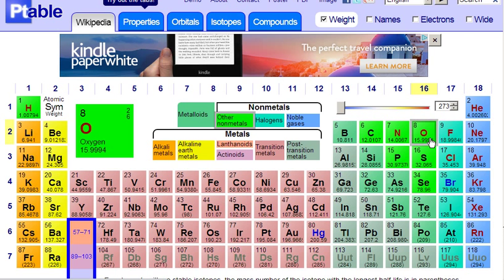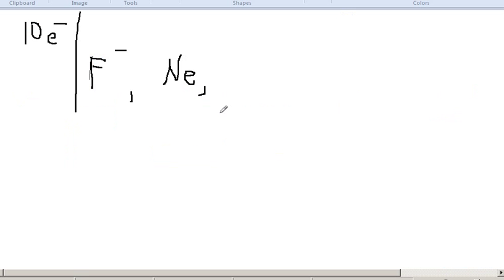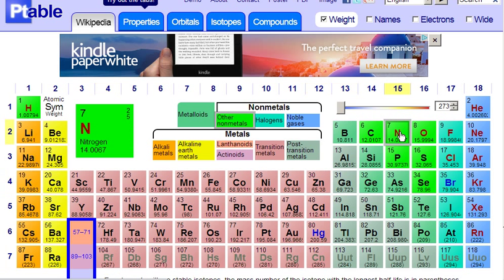What charge would oxygen have to have for it to be surrounded by 10 electrons? It would have to be -2. Neutral oxygen has 8, so if you want 10 electrons total, that means there are 2 extra electrons. That's going to be an extra charge of 2 minus. So O2 minus. How about nitrogen?